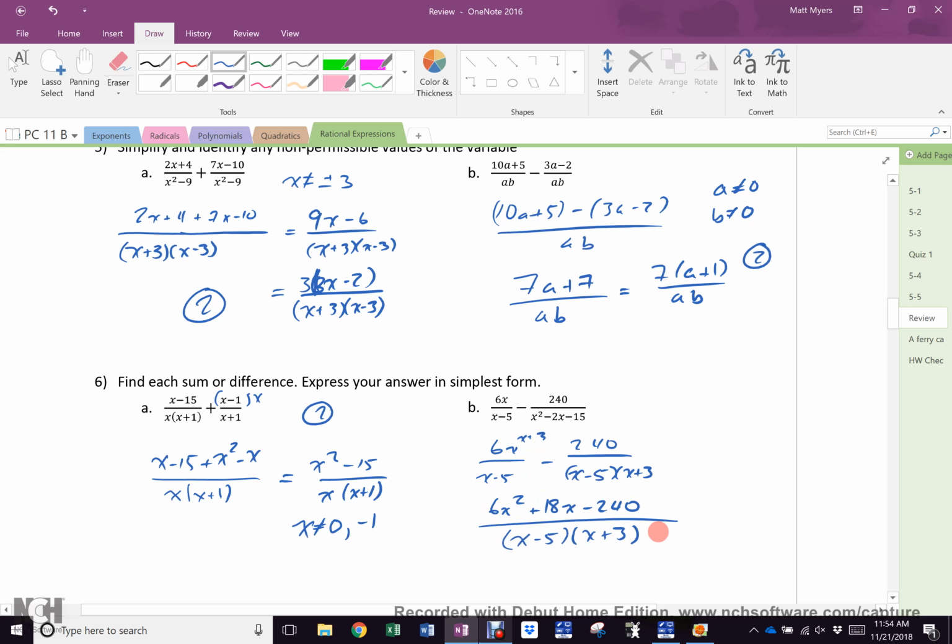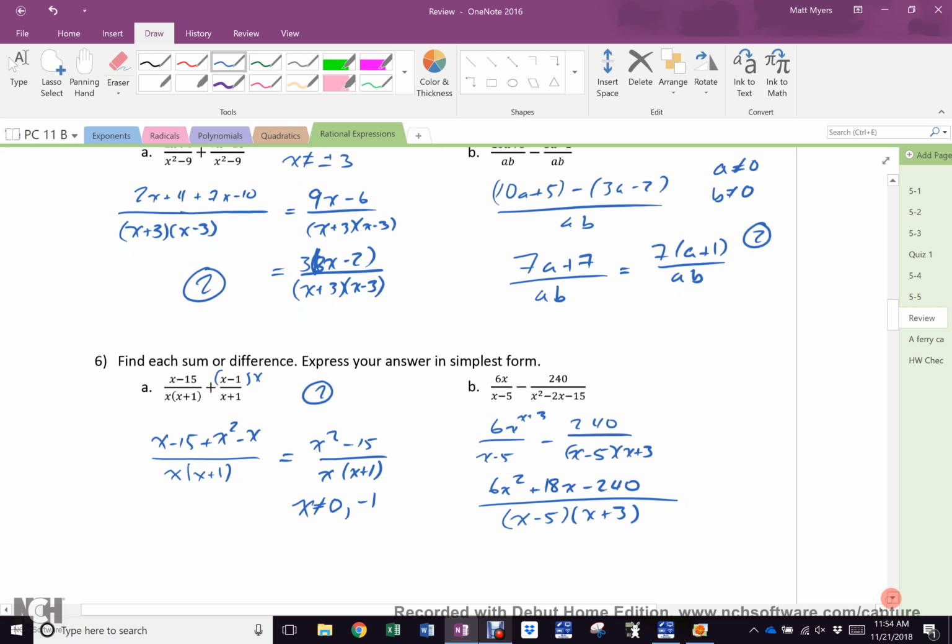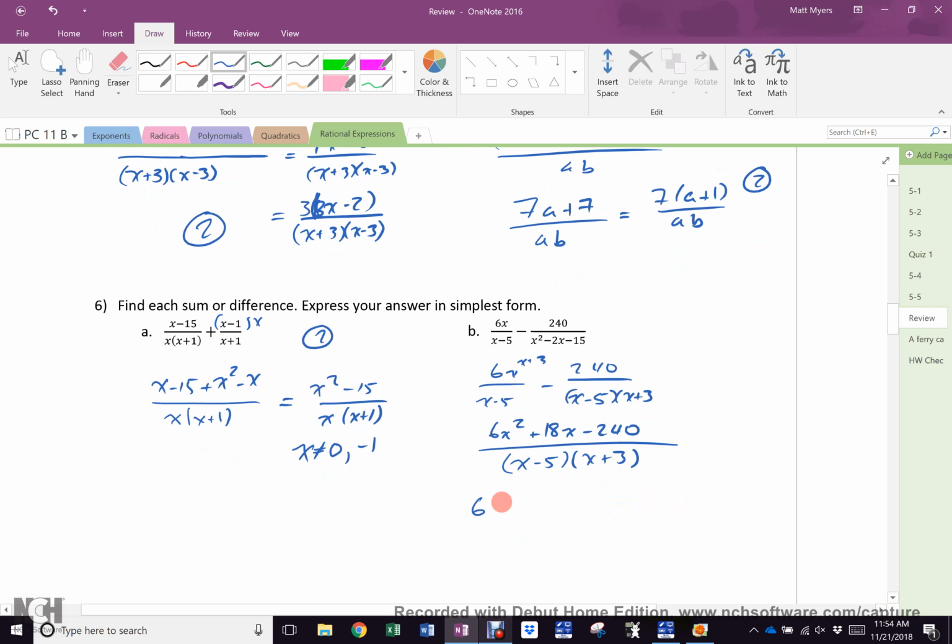Do I need the denominator anymore? No. Well, yeah, I do, because I'm adding, right? I'm not solving, right? So what comes out of the top? 6. X squared plus 3x minus 40. X minus 5, x plus 3.